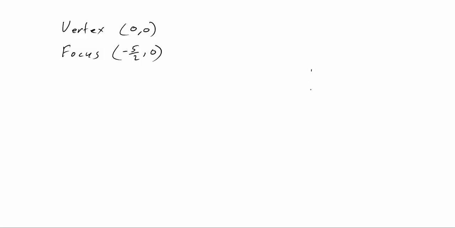So once again, I would start by locating the vertex and the focus. We know the vertex is at the origin, and the focus this time is at negative 5/2. That tells us that we're going to go 2.5 units to the left. So there's our focus, and that tells us the parabola is going to open to the left.